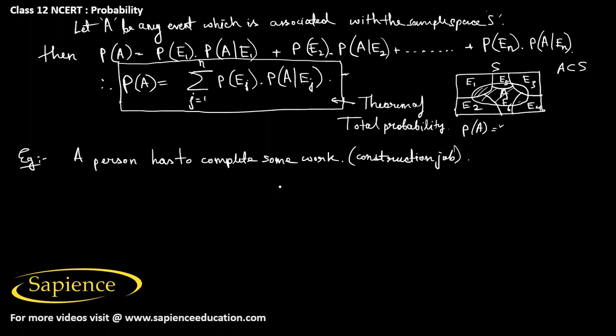Let's say we have 2 events where there can be a strike and there cannot be a strike.